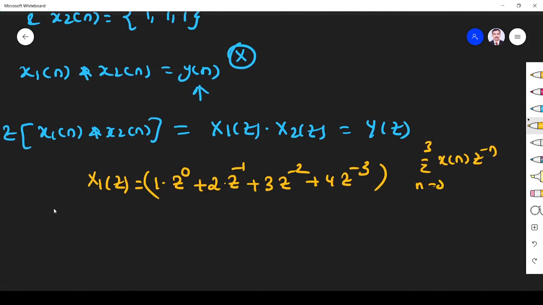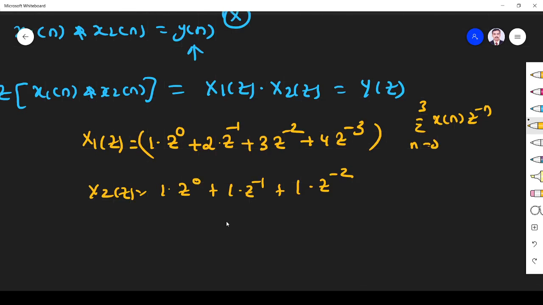Similarly for x2 of z, here n starts at 0, so 1 into z power 0 plus 1 into z power minus 1 plus 1 into z power minus 2. What I want is x1 of z into x2 of z, so I multiply these two.